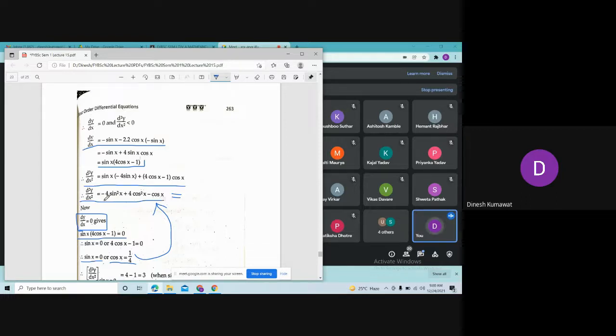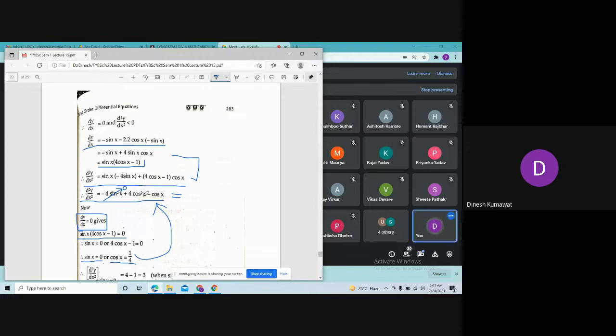What can I say about the first term? It becomes 0. ये डबल डेरिवेटिव आप कैलकुलेट कर लेना. समझा ना यहाँ तक? Yes, sir. Okay.